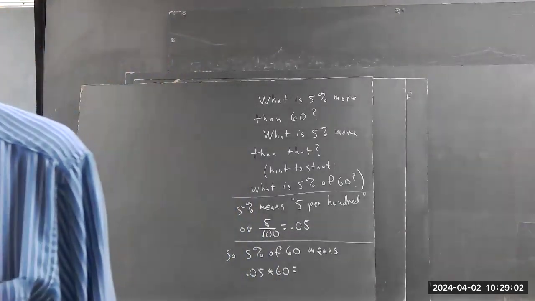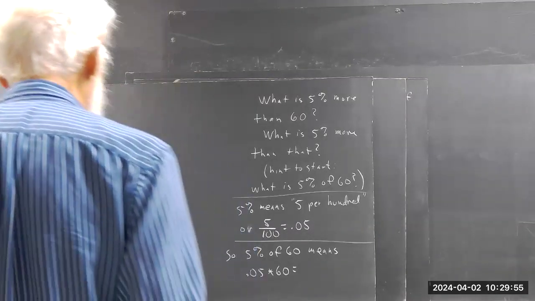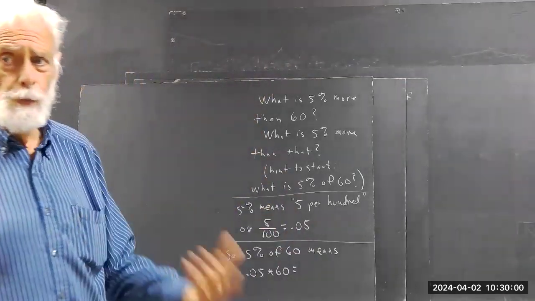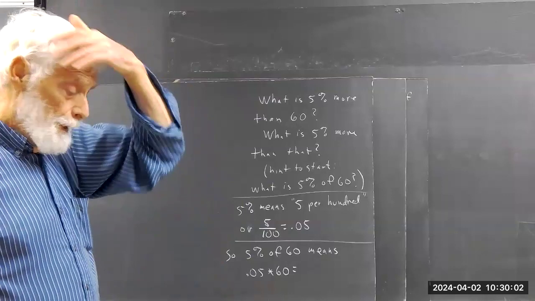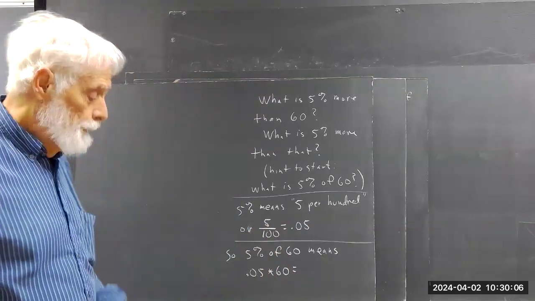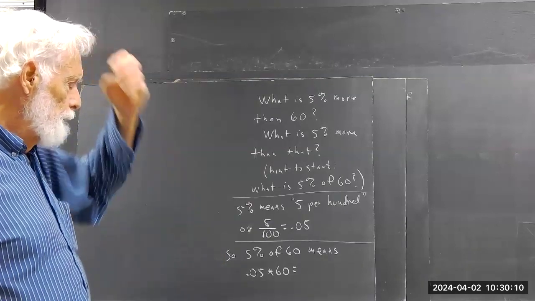What's 0.05 times 60? Now, if you need to use a calculator to do this, it's really best if you understand how to multiply decimal numbers without using a calculator. But the majority of people probably never will.